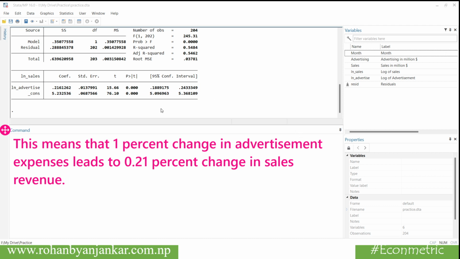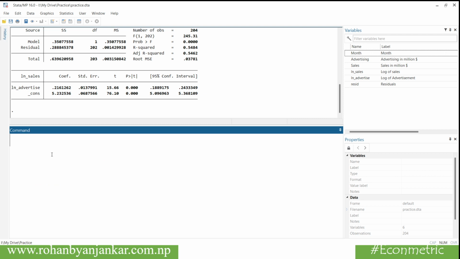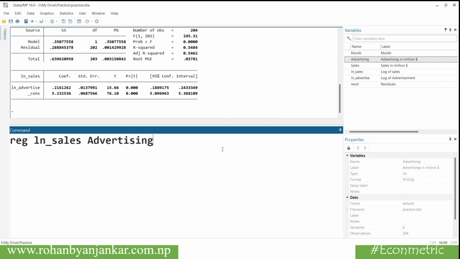Now let's erase it for now. And now if we run the LogLinear model regression, we will take log of sales, but we will not take log of advertisement. What must be our interpretation?